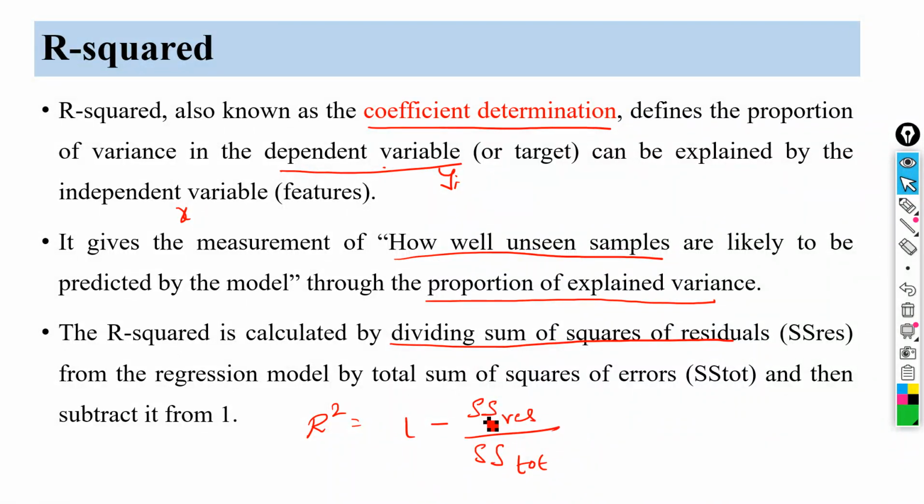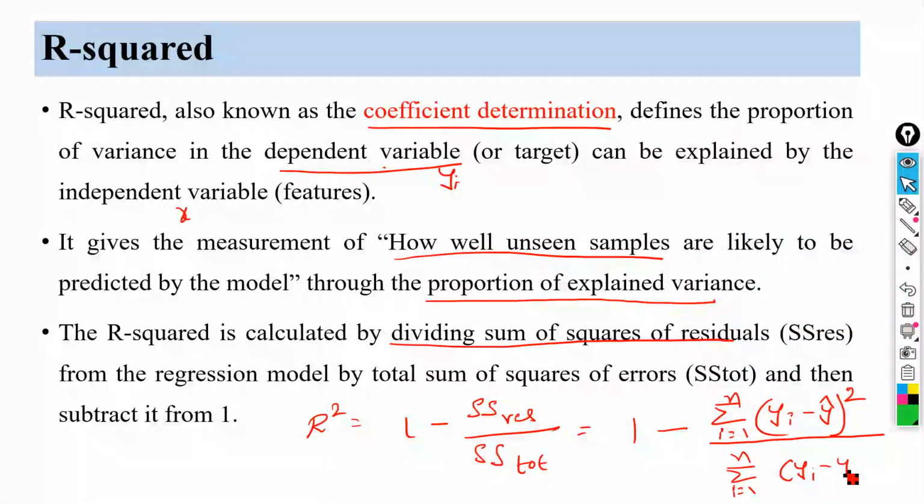This can be written as 1 minus sigma i equals 1 to n, yi minus y hat, whole square, divided by sigma i equals 1 to n, yi minus y bar, whole square. So this is the formula of R square.